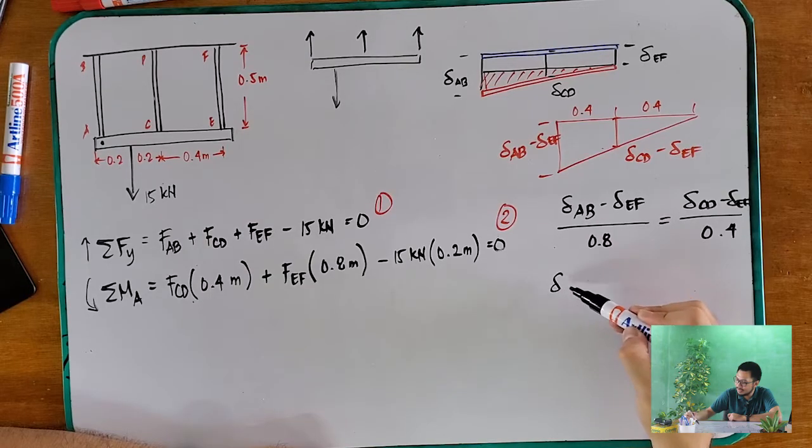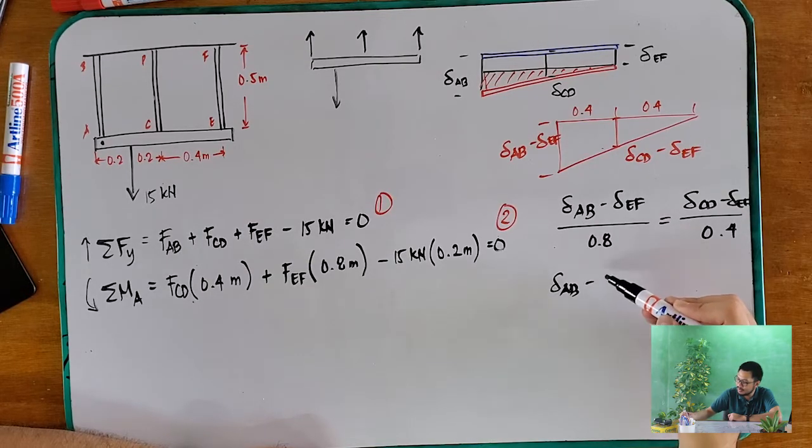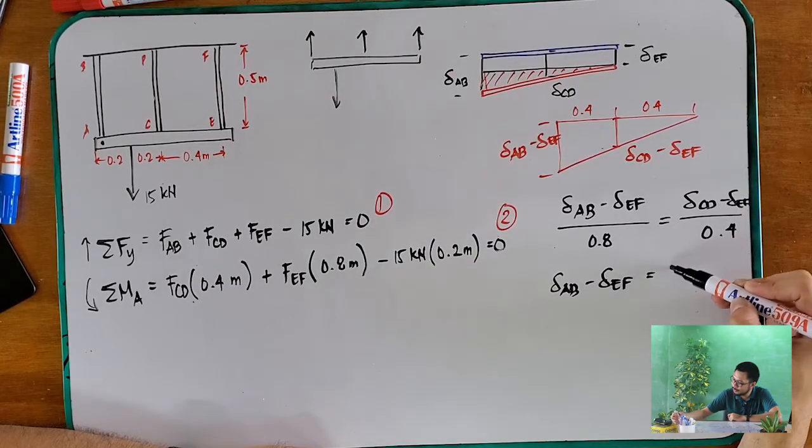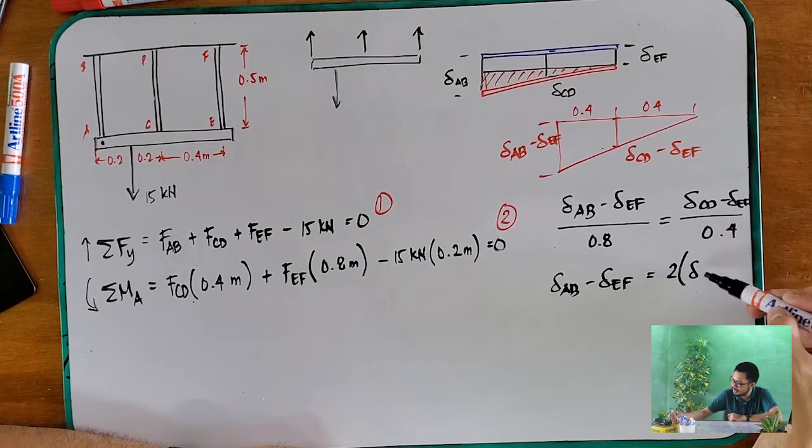Now, simplifying this one further, delta AB minus delta EF is equal to 2 times delta CD minus delta EF.